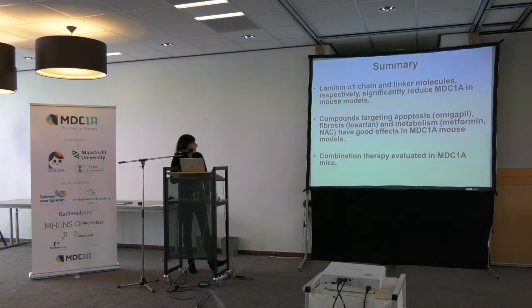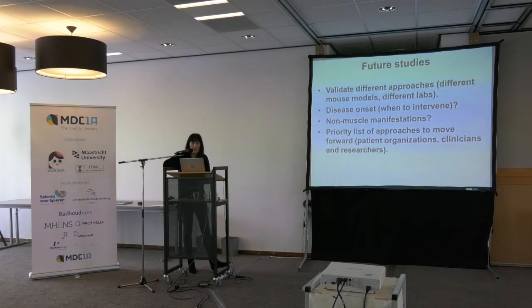And I've also shown you briefly that combination therapy has been evaluated in MDC1A animals. Of course, this looks good in the animals, but there is still a lot of work to be done.